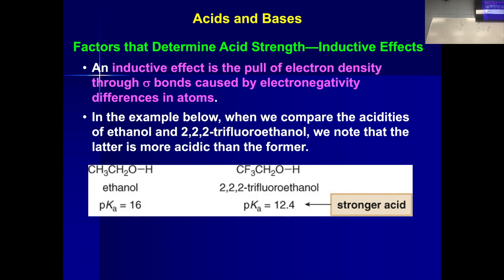What could it be? What are the fluorines doing that the hydrogens can't do? Much more electronegative, right? Hydrogen and carbon have almost the same electronegativity, sharing electrons. So what do you think about those covalent bonds between carbon and fluorine? Are they nonpolar or polar?